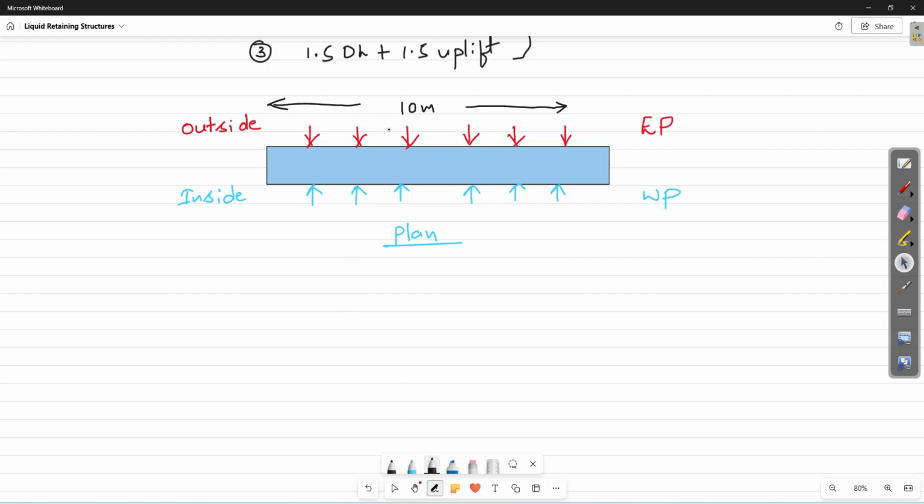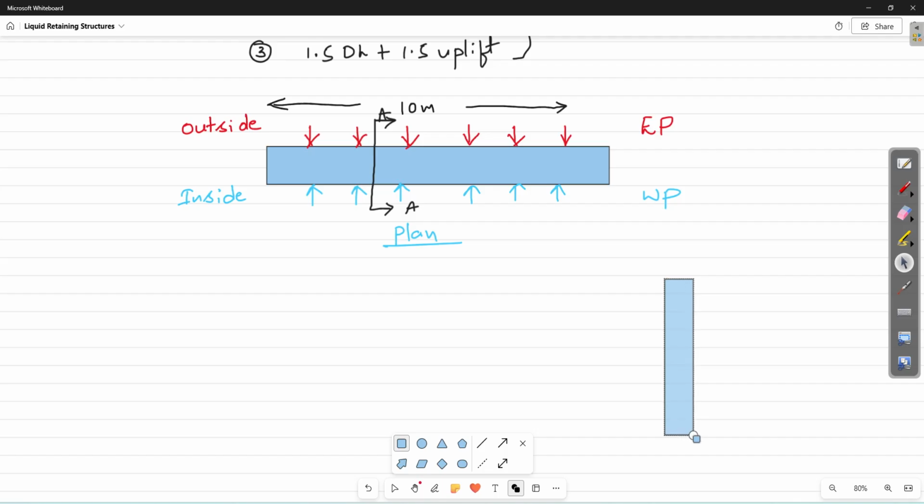Okay. So if you take a section A, it will look like this. Along the length of the wall, your bottom is fixed.